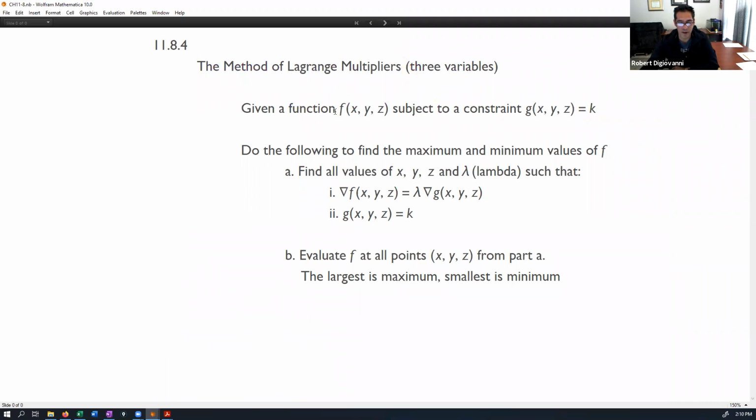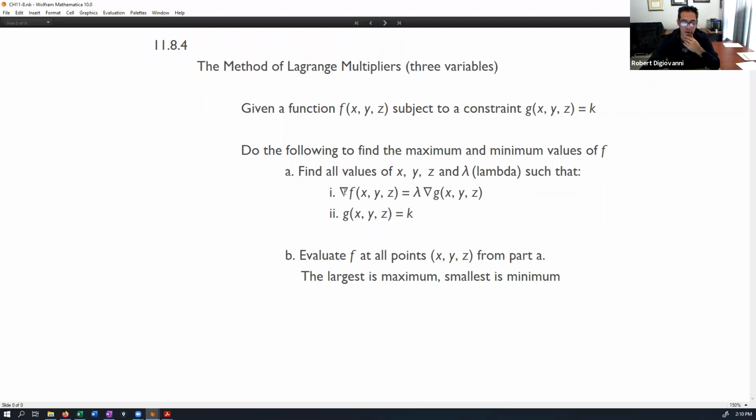So if you have a function of 3 variables that is subject to a constraint that involves 3 variables, then what you're going to need to do is find an x, a y, and a z, and a lambda, where the gradient of f is equal to lambda times the gradient of g, and your constraint equation is satisfied.